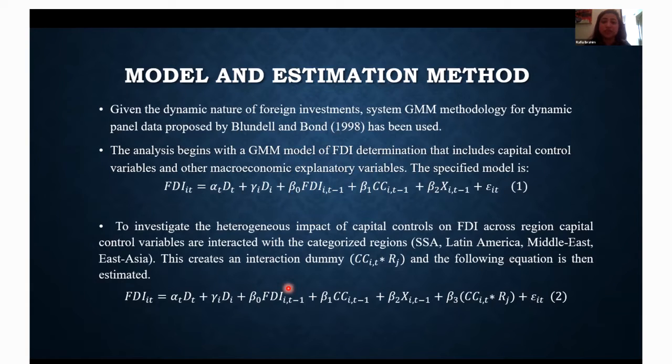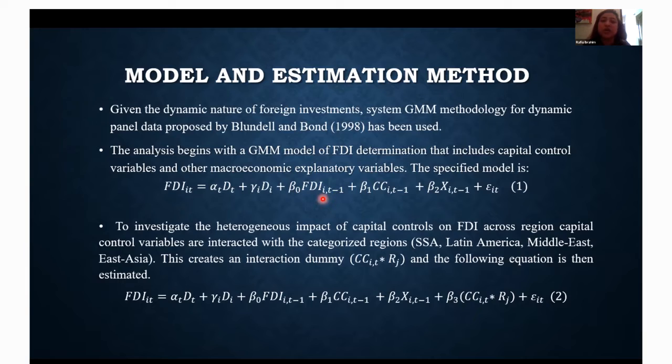As you can see on the screen, I have estimated two models. The first one is the original model, which includes the control variables for the countries. Remember, I have 96 developing countries, so this is the country-specific effect. The second term is capturing the time-specific effect. The third one here is capturing the foreign investment in the last period.